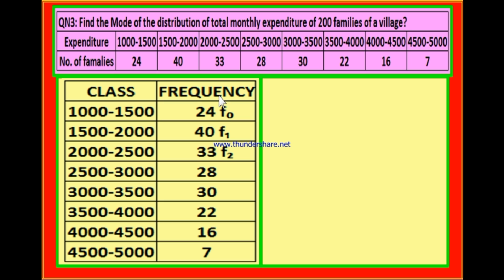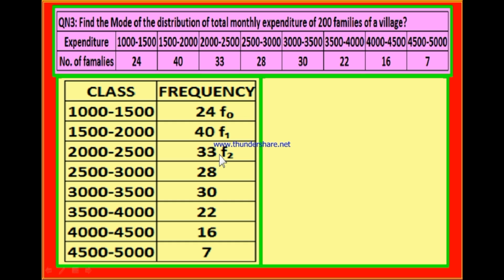Therefore, the previous class frequency is 0. If this is F1, then F0 will be 0 and this will be F2 and so on. Okay, understood? Good. Now here, the highest frequency is F1, therefore 40 is F1. Above 40, this is F0, and below F1, this is F2.